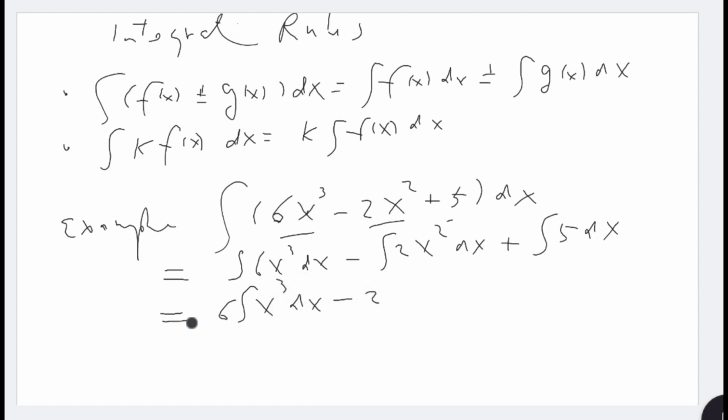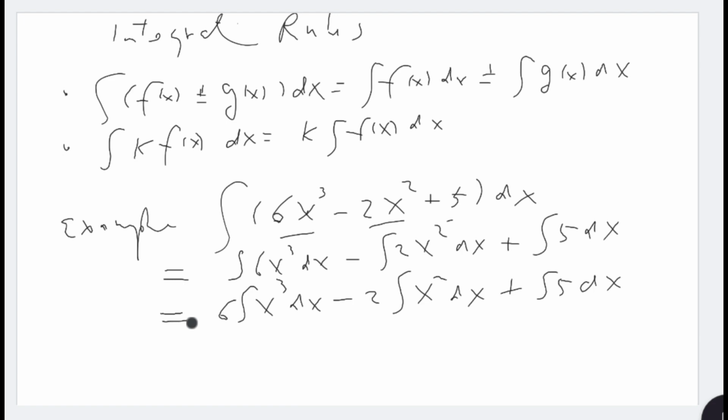For the second term, just pour out the number 2 in front. The last one, we can leave there because we have a formula for a constant. Okay, so far we've seen how we apply these rules to distribute the integration signs through.